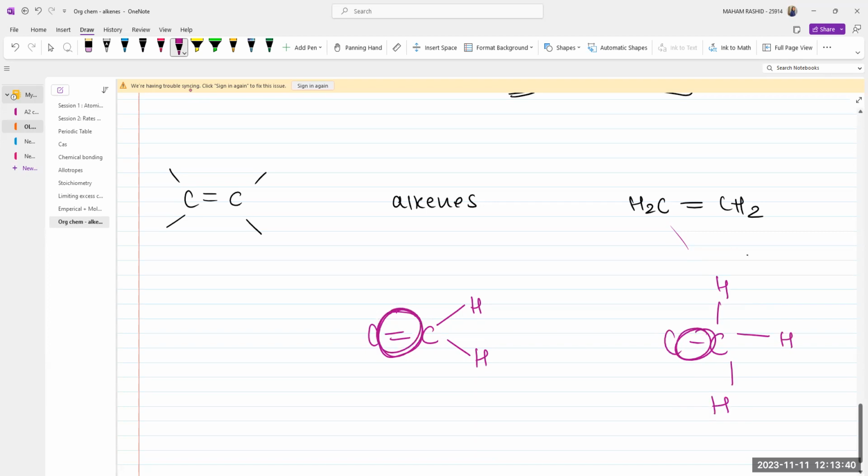Here 2 bonds got used up, so we're only left with 2 other bonds that can have hydrogen, right? Which is why your formula for an alkene is CnH2n, while the one for alkanes is CnH2n+2. So you have 2 extra hydrogens here. How? Because one extra attaches here and there's another extra one here, right?